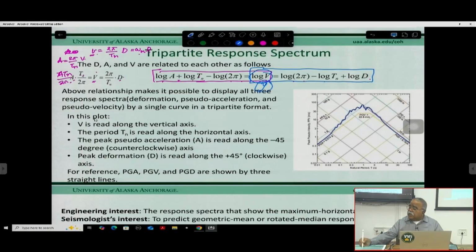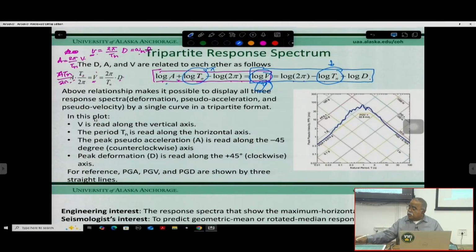If V is the y-axis, then this will be equal to log, and this is your x-axis. These two values are x-axis values, right? So this is log 10. Then the y and x, and this is your A, and these will be the minus values, right?